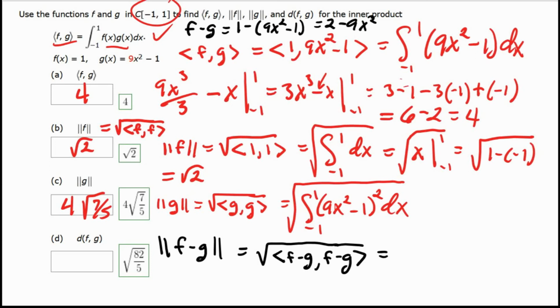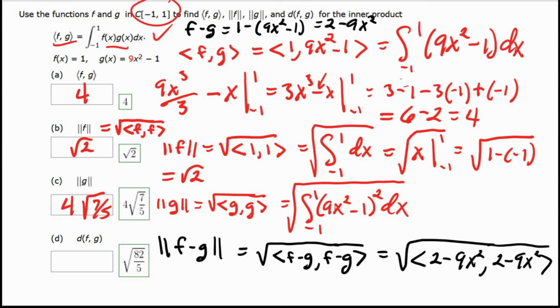It would have been nice if the ones cancel out, right? We just had a monomial, but no. My countryness comes out sometimes. So this is 2 minus 9x squared dot with 2 minus 9x squared. Okay, so we'll work that on another page.